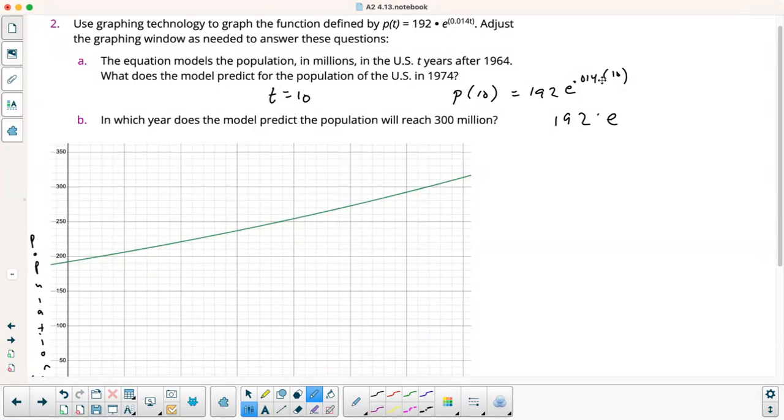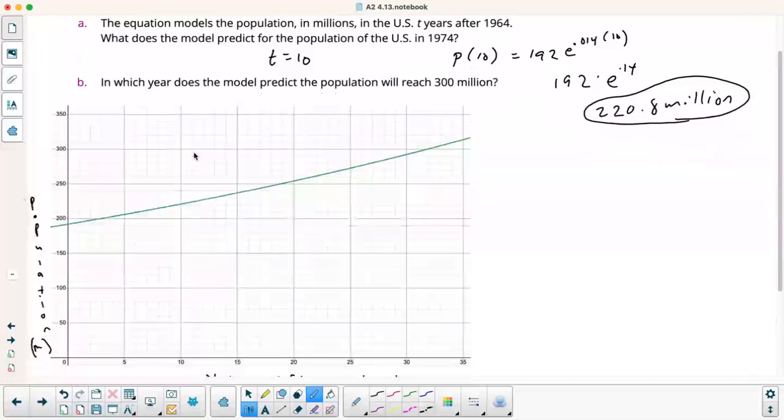I'm going to multiply these first and get 0.14, so that way I don't mess it up. So 192 times e to the 0.14 gives me 220.8 million people.